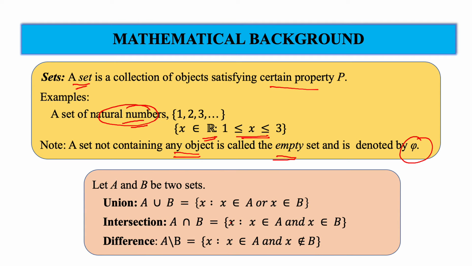Suppose we consider two sets A and B which are part of some universal set U, and the union operation is defined like this, where we take an element X of A or an element of B. So it will be an element which is part of any of them.